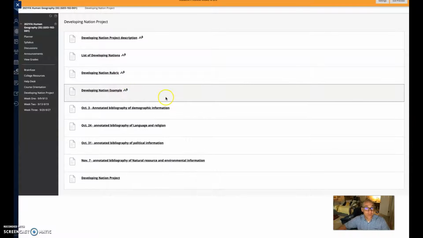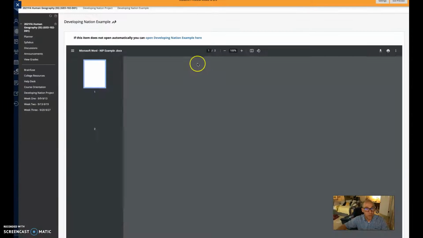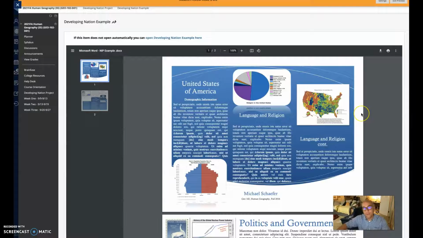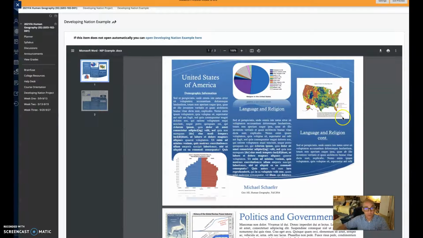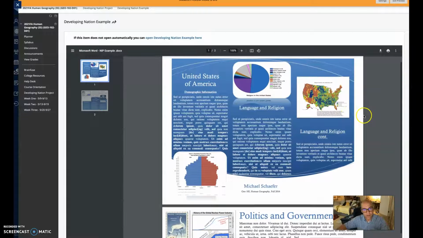As always, I like to give you examples. The final project will look something like this. Okay, I did the U.S. as my example. It's a developed nation, but I did it so that you guys can't steal what I did. But this is what it looks like. And if you see, it's a sort of brochure, visual representation of these ideas, and I've organized it thematically.